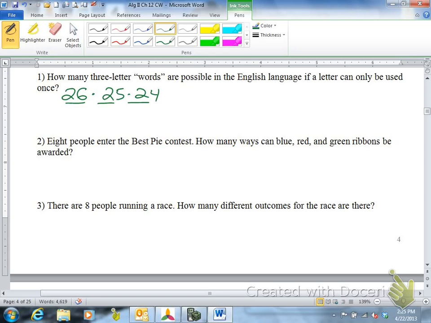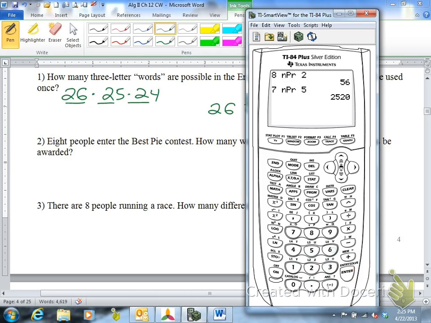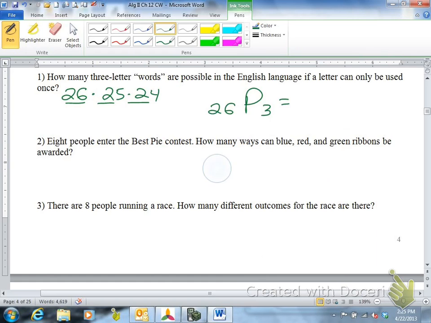What we can do this time, I guess it's faster, is 26 letters, and you're picking 3 of them for a 3-letter word. The word doesn't have to make sense. So you have 26 permute 3, which is 15,600.